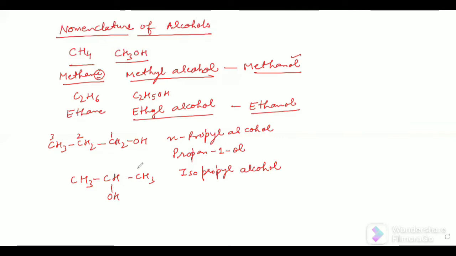Numbering can be done from any side because this alcohol is going to get number 2. So it will be propan-2-ol. In this way, we have to name the alcohols. Some more examples are here.